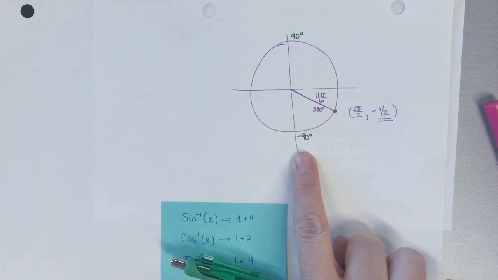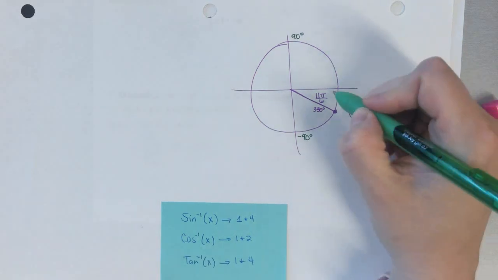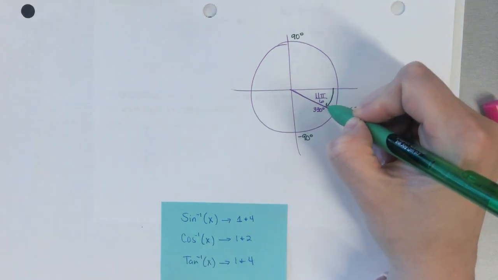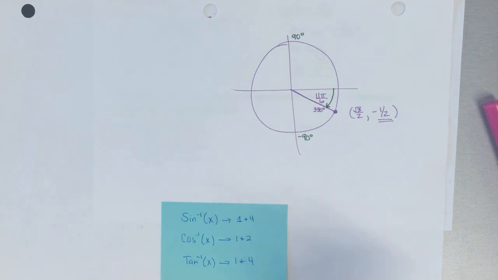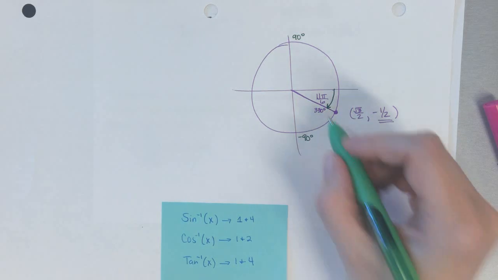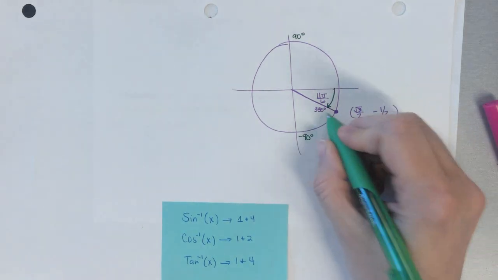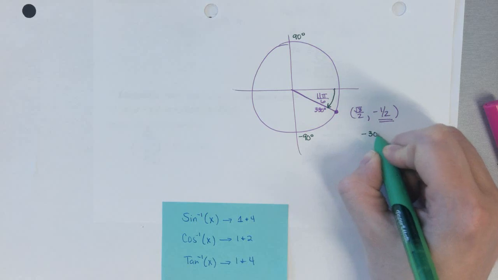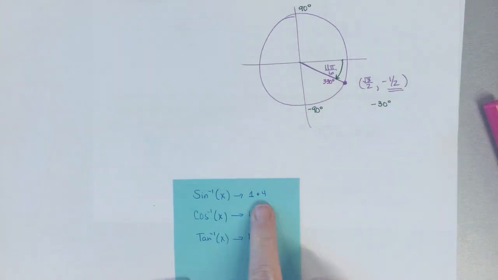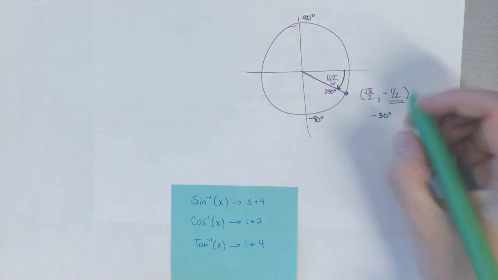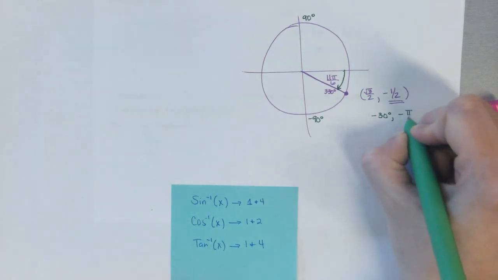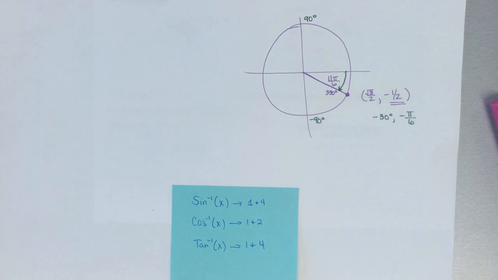No, but you can rewrite it so that it is. What is this angle here? 30 degrees. So how could you write that? -30. Okay, so if you were checking and you're like, oh, I have 330, why doesn't the key say that? It's because they're rewriting it so it's in the range. Okay, so -30 degrees and -pi over 6 would be the same.